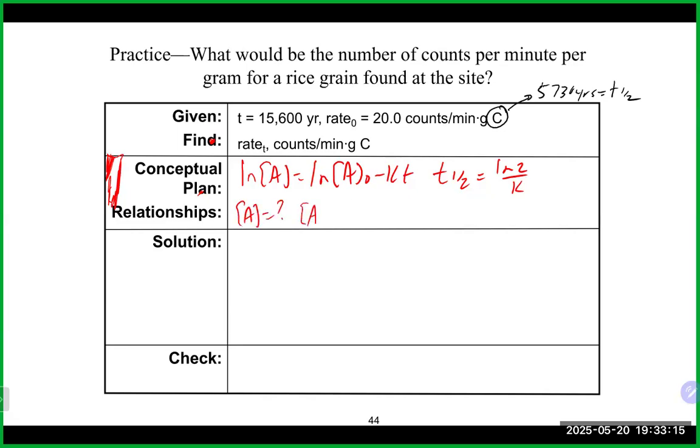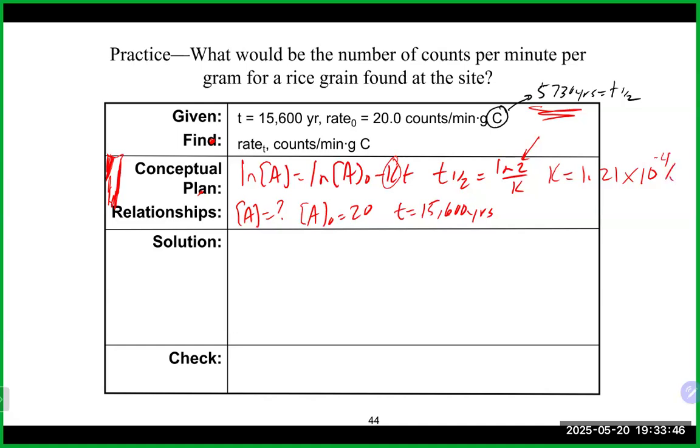We have our initial, which is 20 counts per minute per gram of carbon, and our time, which is 15,600 years. We don't have k, so we could use our half-life equation. Since we're using the same half-life as the previous problem, k will come out the same: 1.21 times 10 to the minus 4, if I'm not mistaken.